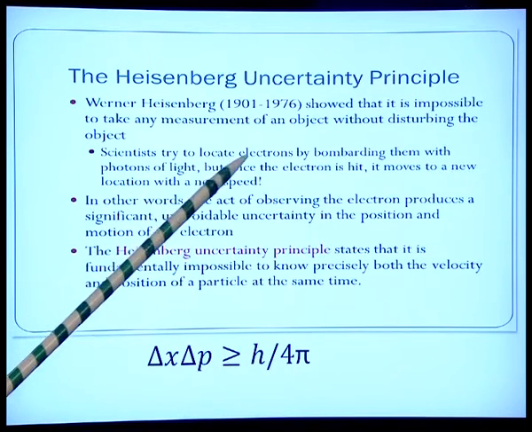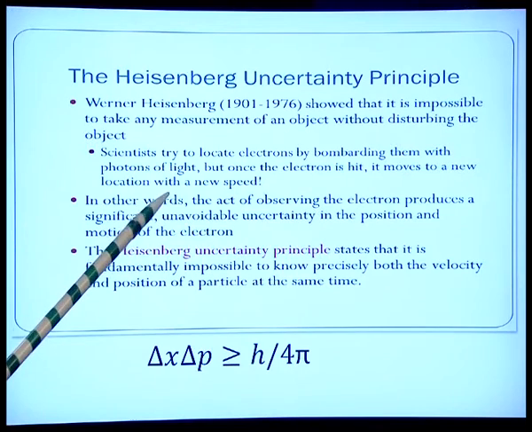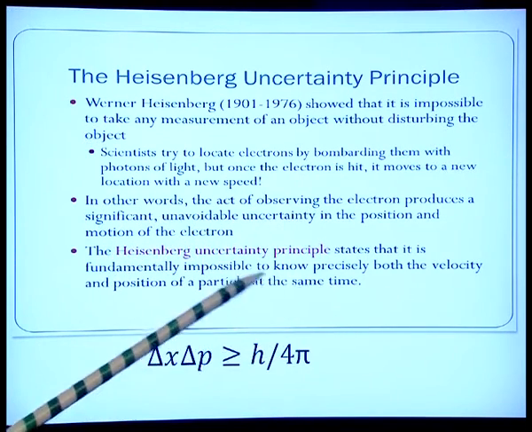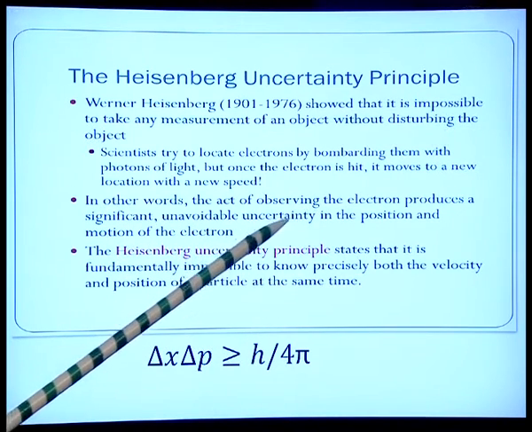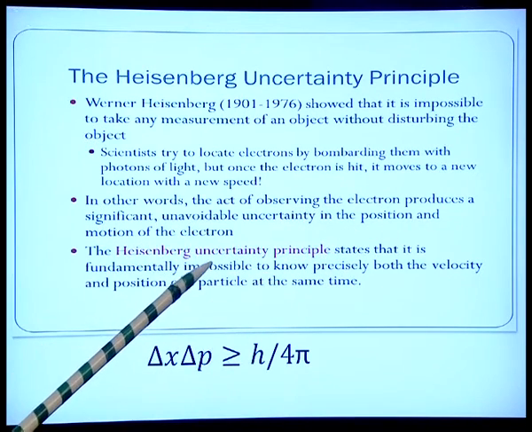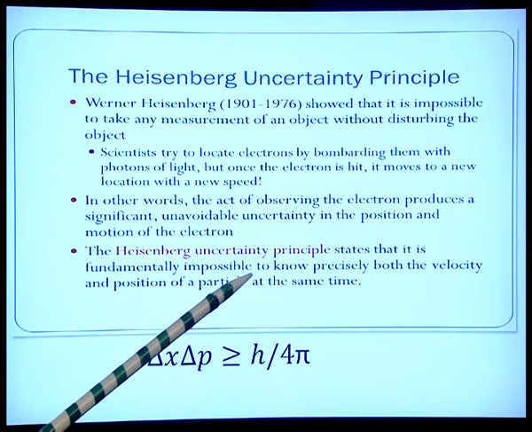He tried to locate an electron by bombarding it with photons of light. But once the electron is hit, it moves to a new location with a new speed. In other words, the act of observing the electron produced a significant, unavoidable uncertainty in the position and the motion of the electron.